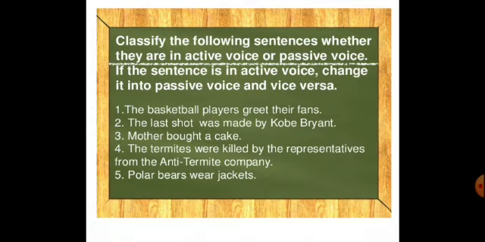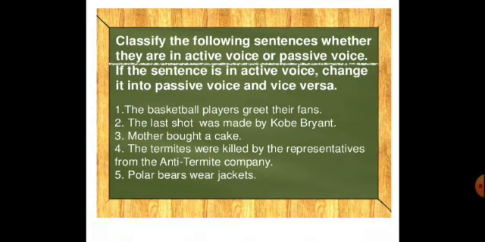Number three: mother bought a cake. Where is the verb? Bought. Where is the subject? Mother, who bought, of course. Bought what? A cake. So is this active or passive? Yes, active. Now we will change it into passive. Yes, a cake.